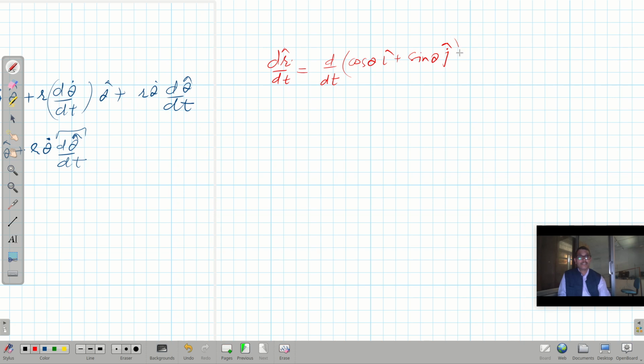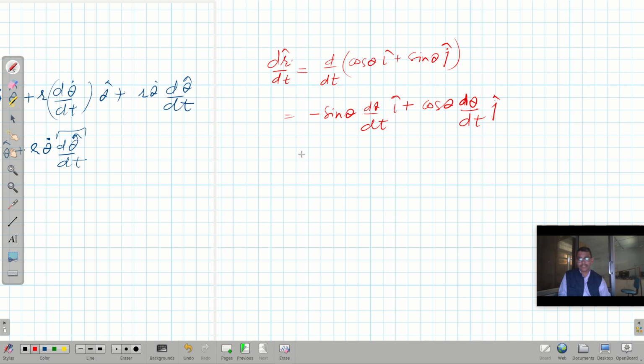Let me take its derivative. It is minus sin theta d theta over dt i cap plus cos theta d theta over dt j cap.